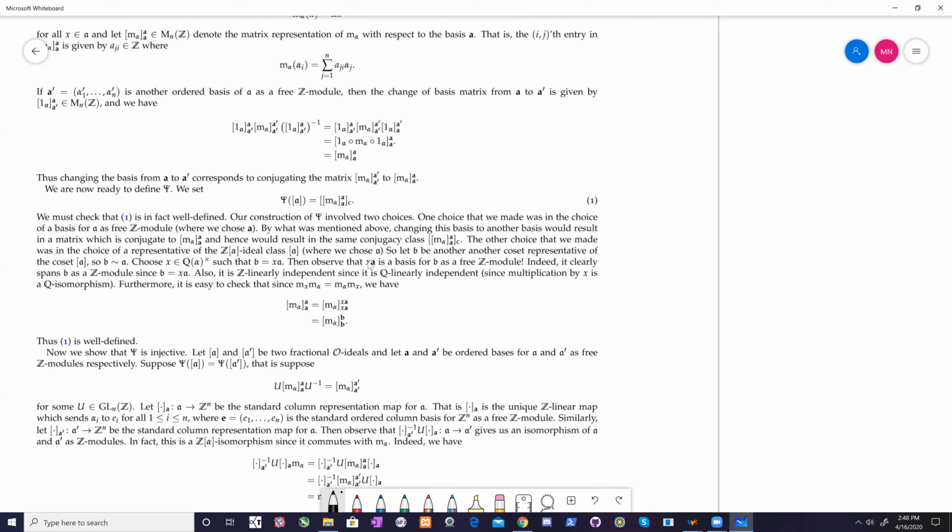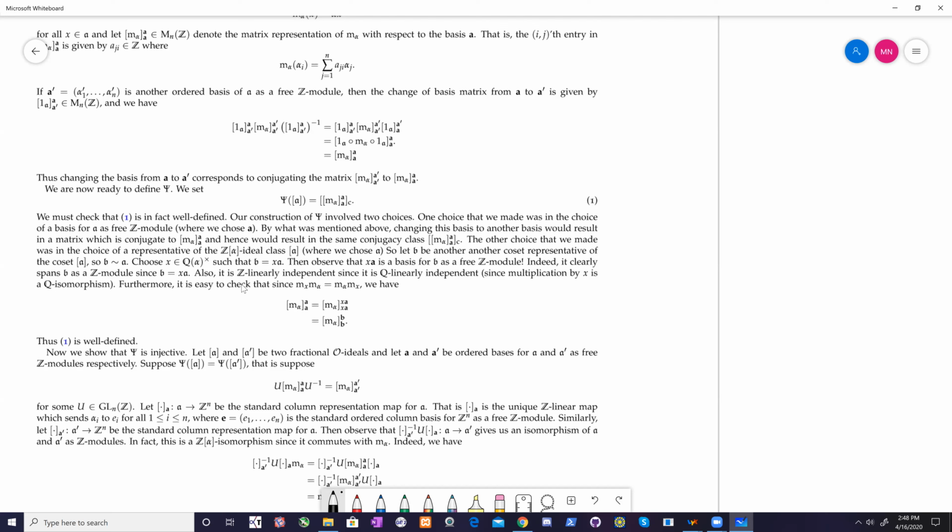But actually, X times bold A is a basis for B as a free Z module. To see this, obviously it spans B as a Z module, since B is equal to XA. And it's also Z linearly independent because it's Q linearly independent, as multiplication by X is a Q isomorphism.